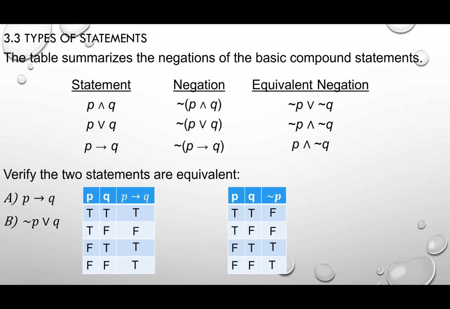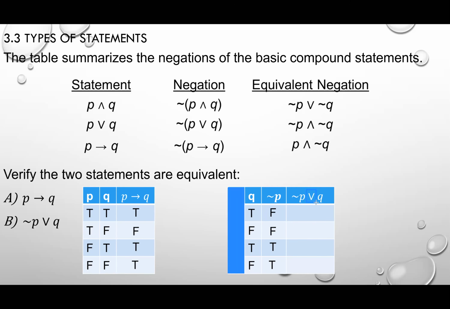And now what are the two columns I'm looking at? Like I keep mentioning, for any connector, this is your connector here, you only look at two columns at maximum. Whatever the connector is, you only look at two columns. You look at the negation of P and you look at Q. So what is the connector? My connector is the or statement, the disjunction.